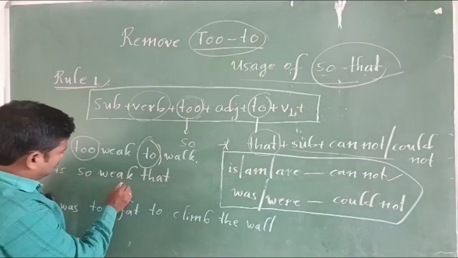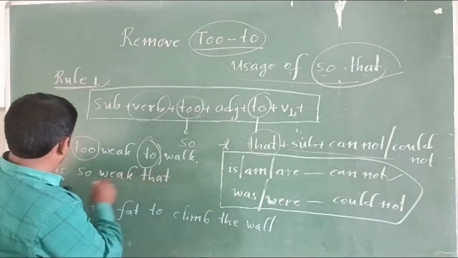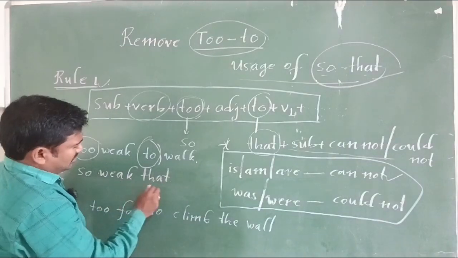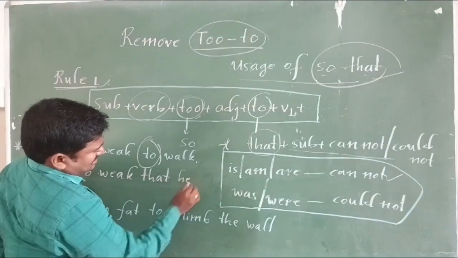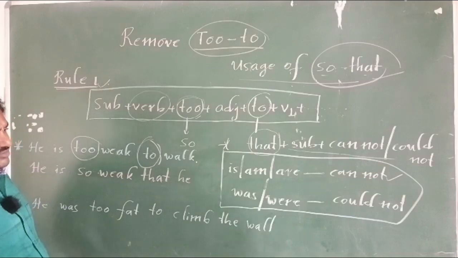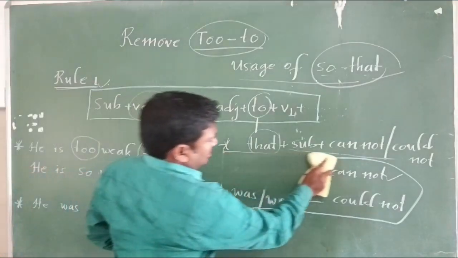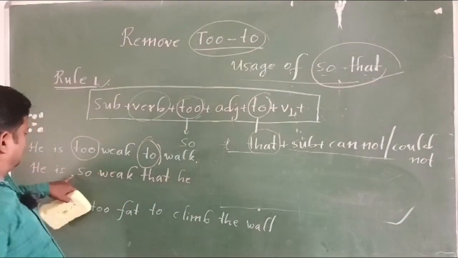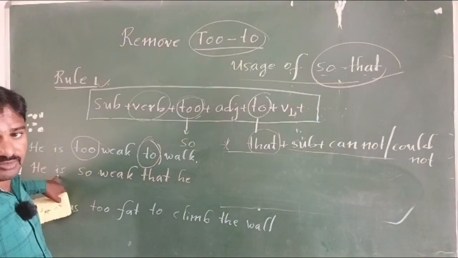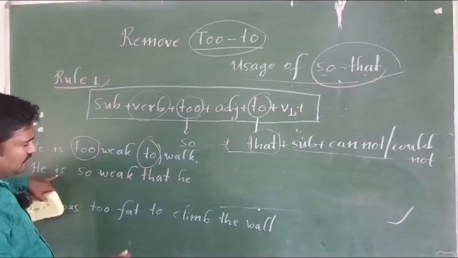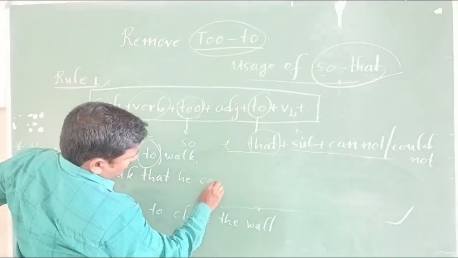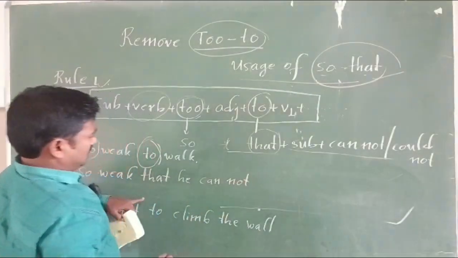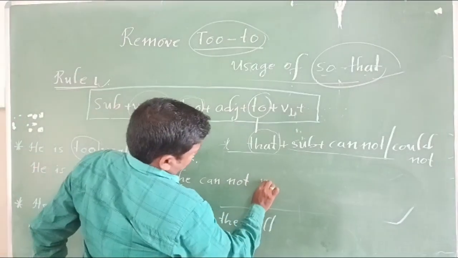Okay, so "weak that he". In that, what is the subject? He is the subject. So which verb do you have to use? Cannot or could not. Here the present auxiliary, the be form, is present, so we'll use "he cannot walk".